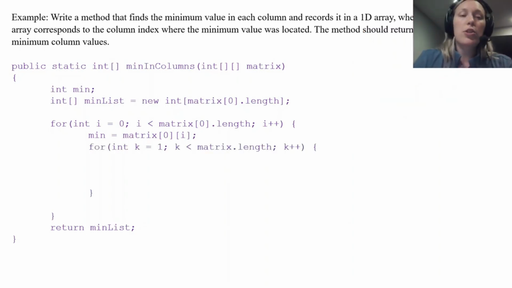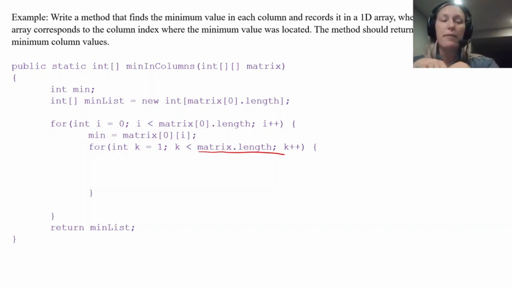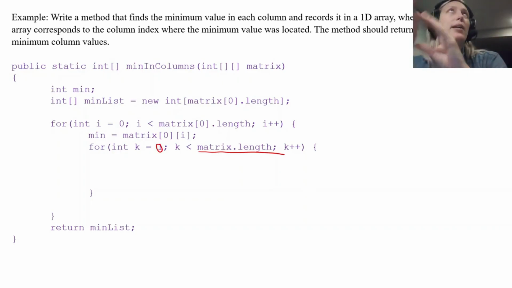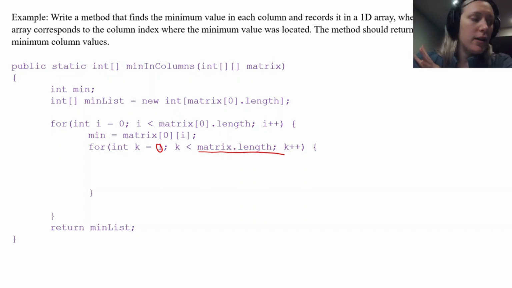So that's why k equals 1 here, and k goes through matrix.length, which is the number of rows that I have. Now, could you have started off k equals 0? Absolutely. You just would have had one extra traversal. It's really not that big of a deal. Start off at k equals 0 if you want, but I only have to start off at k equals 1.